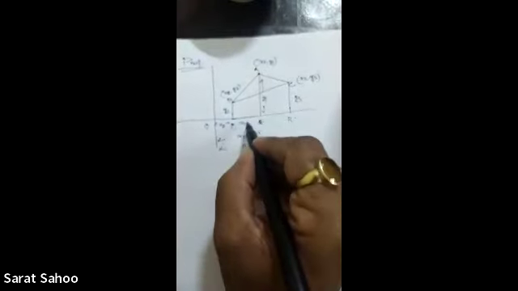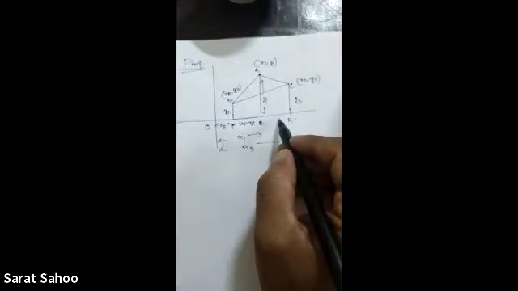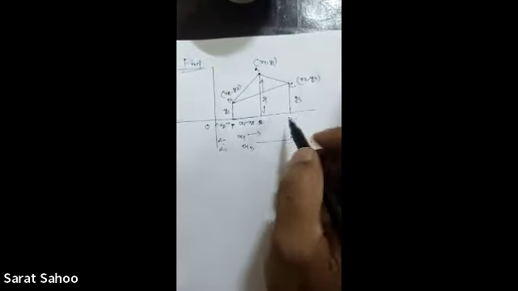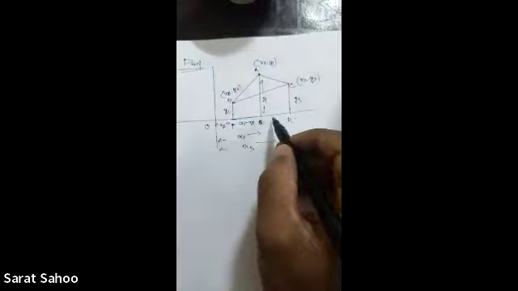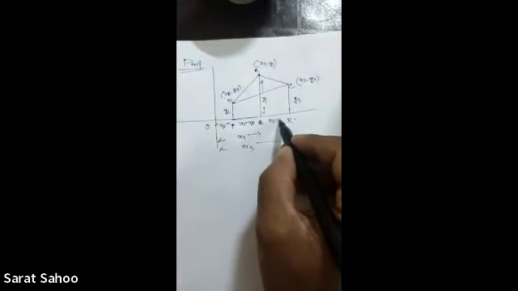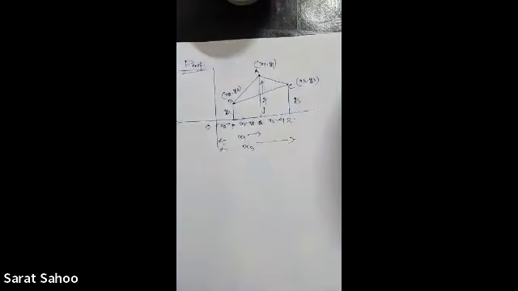So the length PQ will be x1 minus x2. Length QR is equal to x3 minus x1. Okay.